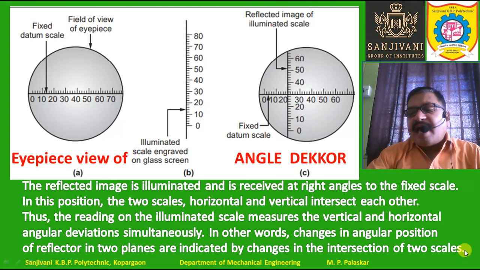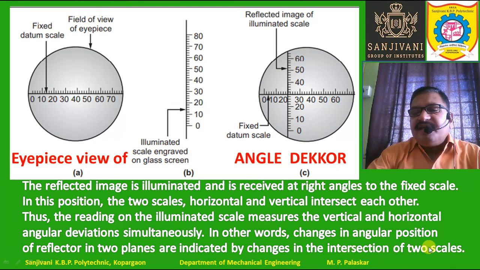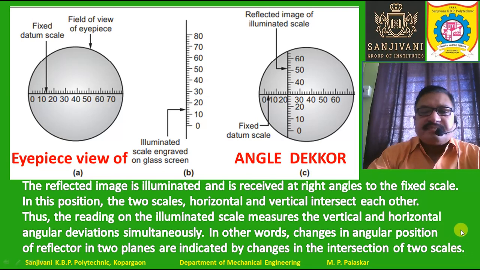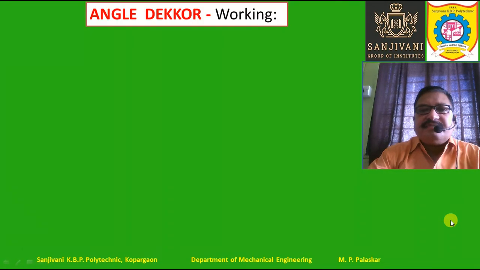If the angular position is changed in these two planes, then the point of intersection will change on both the vertical scale and the horizontal scale.